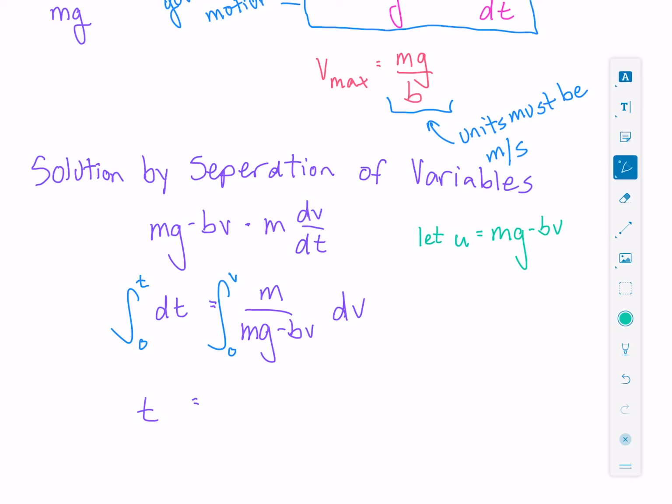That means that du/dv is equal to, taking the derivative of u with respect to v, just minus b. So du equals negative b dv, or we can say dv is equal to negative du over b.